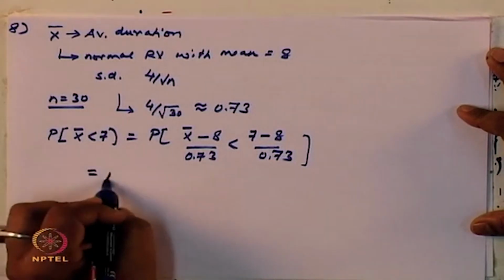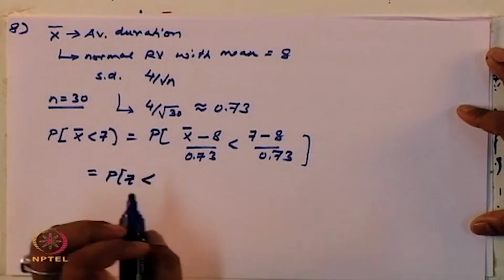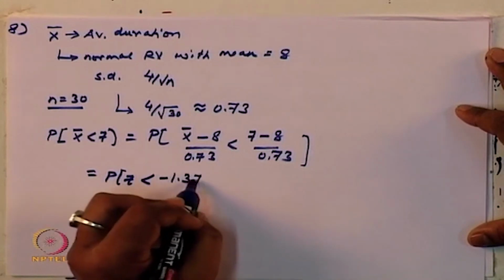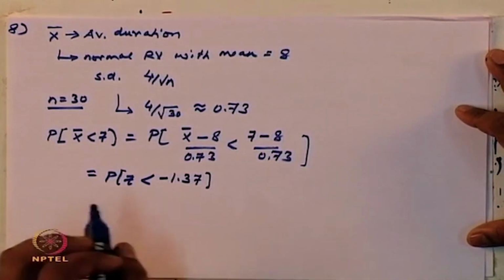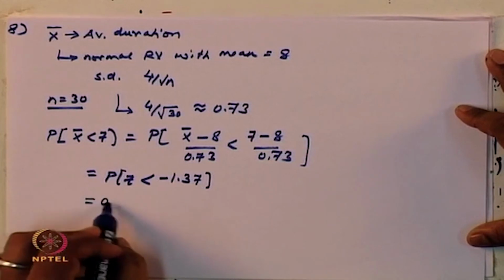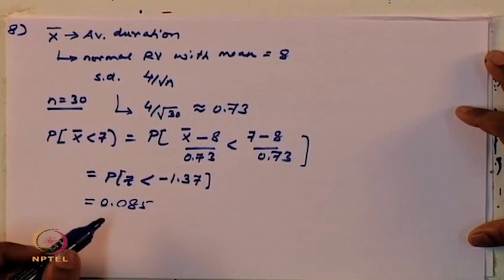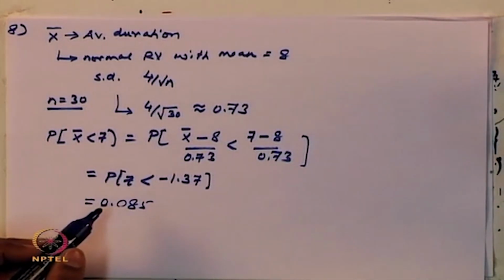So, it is the probability of z less than minus 1.37. You put in the values and this comes out to be around 0.085, which is not too low, close to 10%.